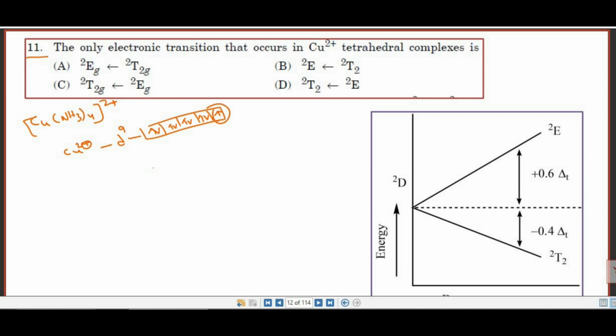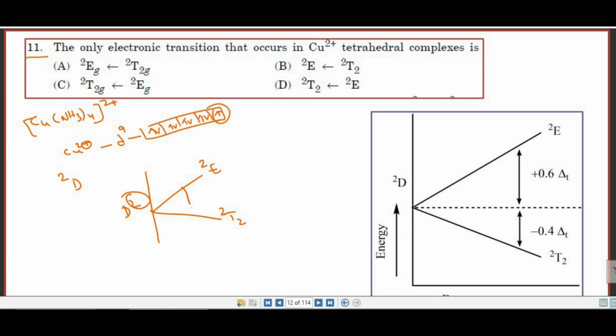With one unpaired electron, the ground term symbol is 2D. The splitting of this 2D term gives 2T2 and 2E. Here the term is 2, hence we put the multiplicity 2.